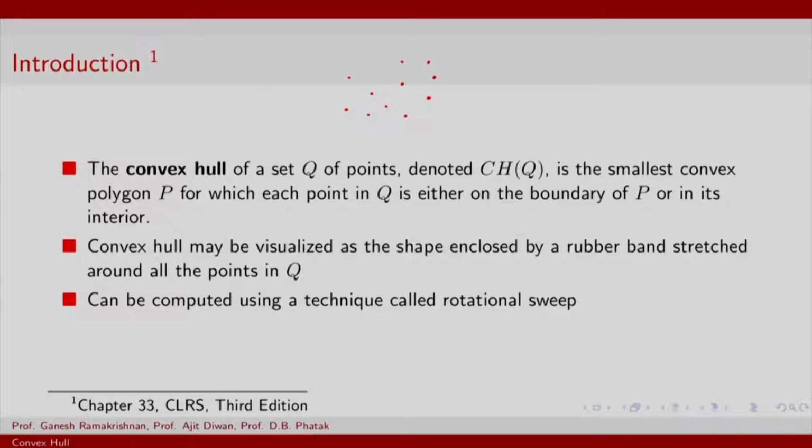So let us say these were the points. So the convex hull, which is the tightest smallest convex polygon, could be obtained by enclosing these points with a rubber band stretched around all of them. So you want to enclose all of them but as tightly as possible.